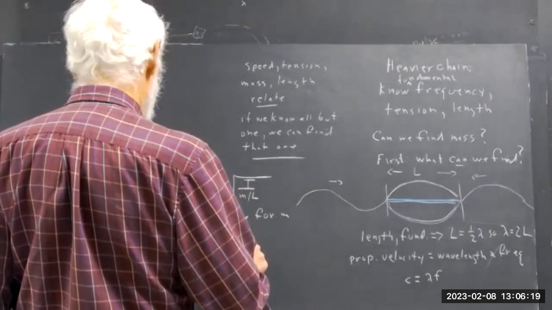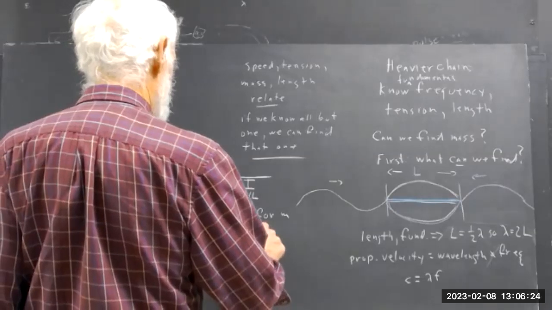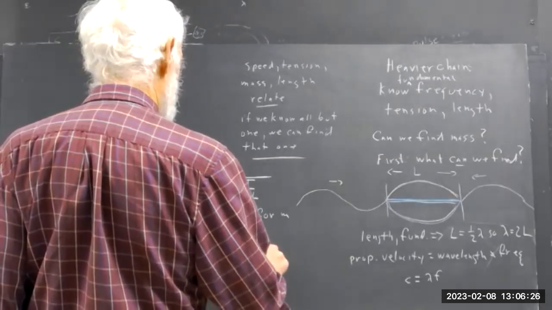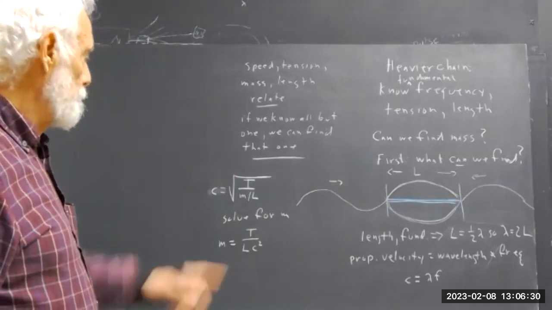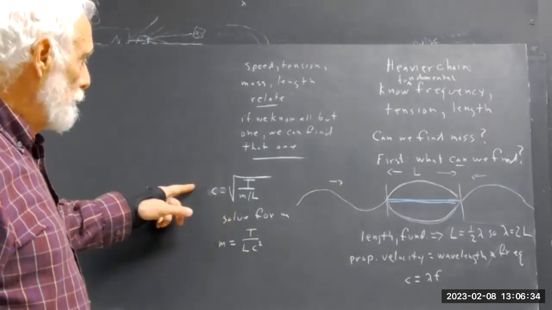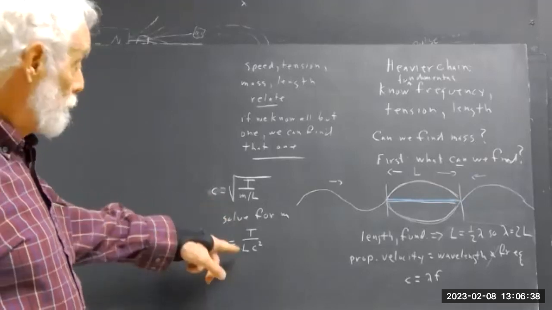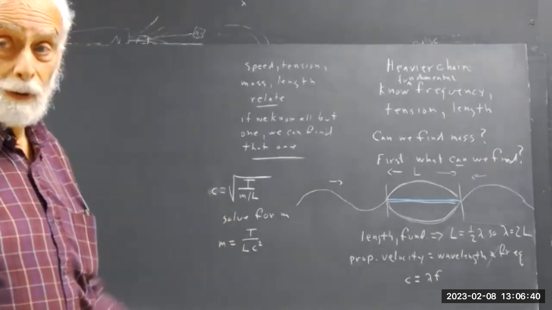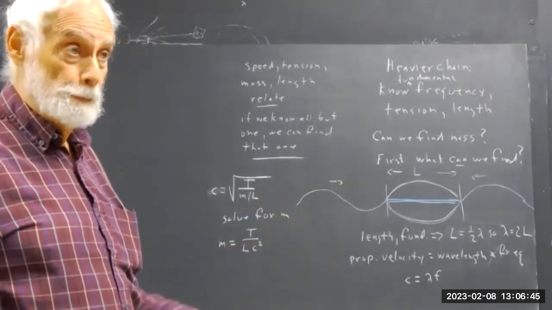M equals tension over LC squared. Square both sides, and then just multiply by M, divide by the C squared that you get. And check out the units in case you did the algebra wrong. Let's see if we get a reasonable result.